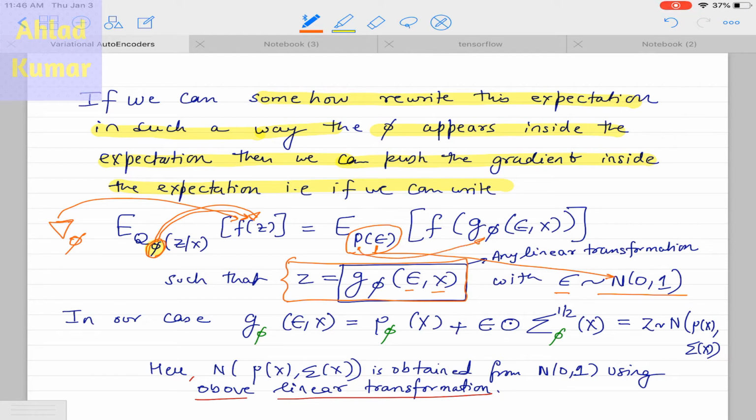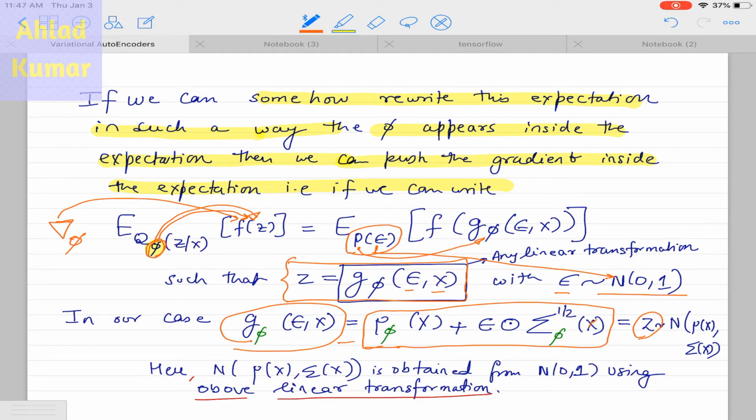For our case, we are using the linear transformation of mu phi of x plus epsilon naught times sigma phi of x as the function. So g phi of epsilon naught and x, which is also z, is taken as mu of x plus epsilon naught times sigma of the random variable x.